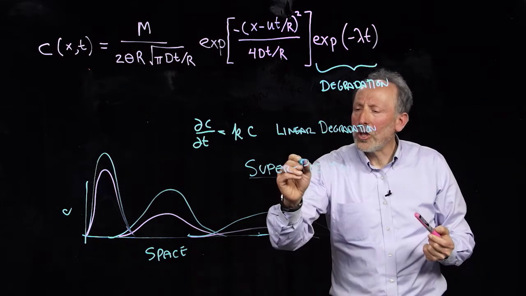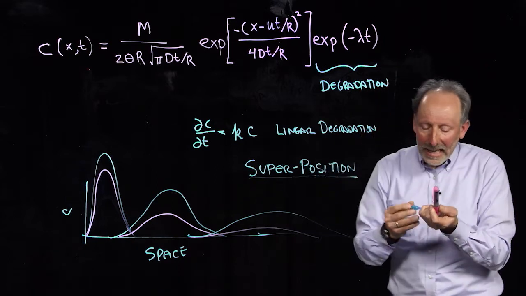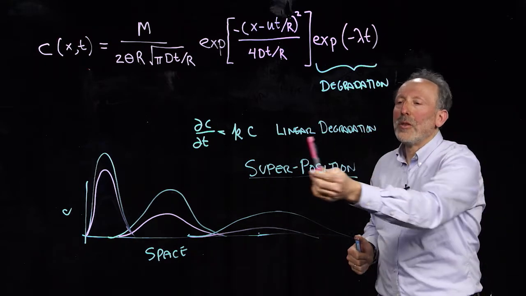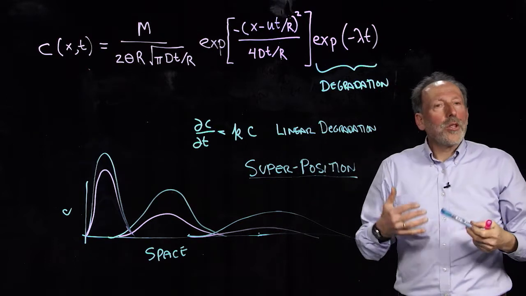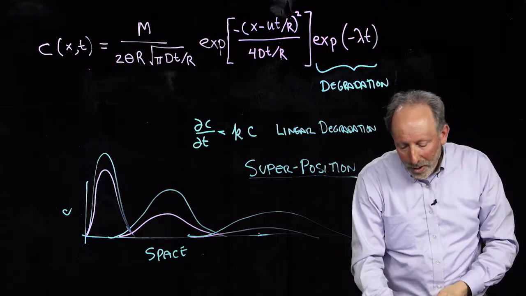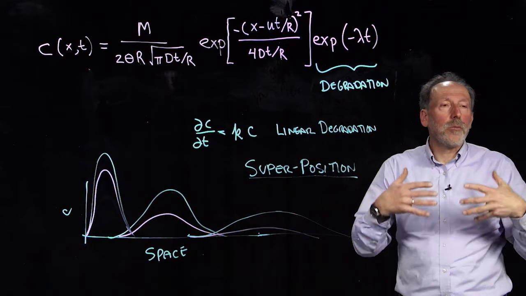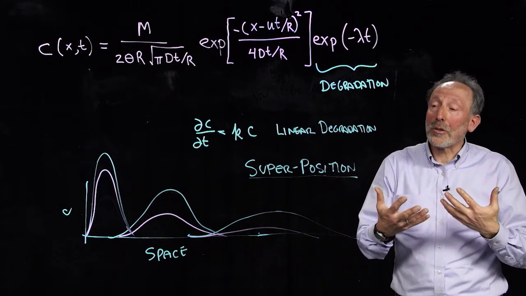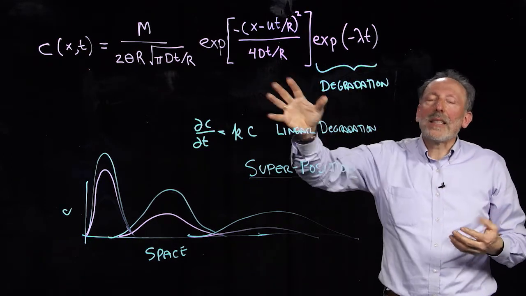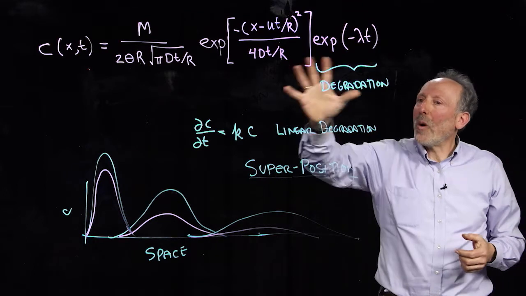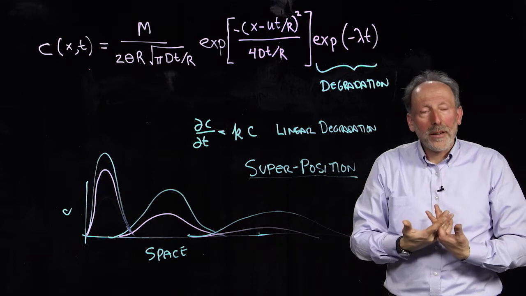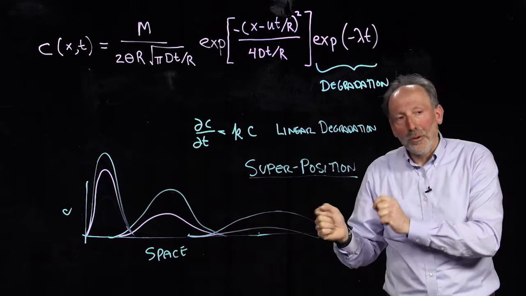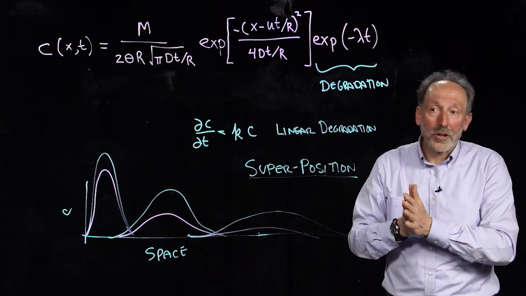So this idea of superposition is one of the key positive outcomes of using a linear degradation and a linear absorption model. Even though those models sacrifice certain flexibility in terms of describing real-world degradation and real-world absorption, in some sense, the added simplicity of being able to write one equation to describe the entire movement is far more important than having the precision afforded by more complex descriptions.